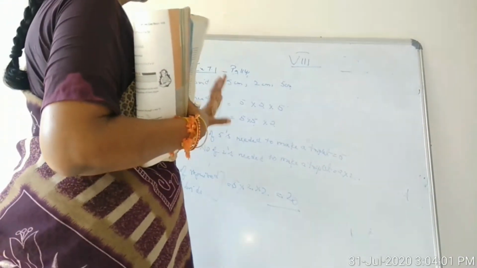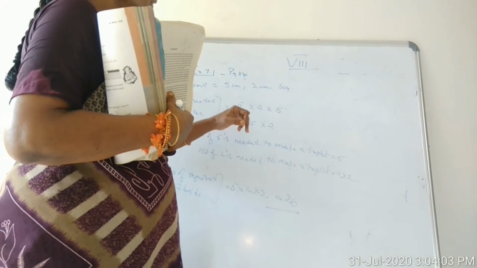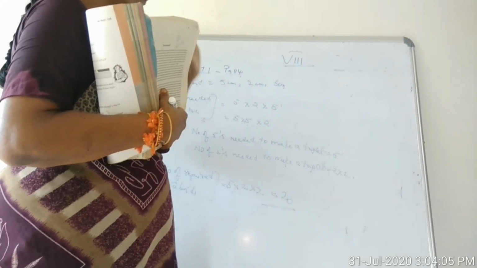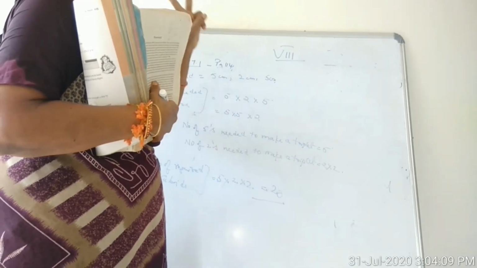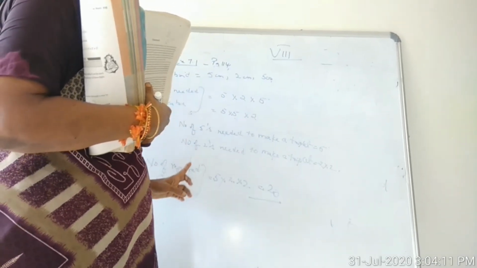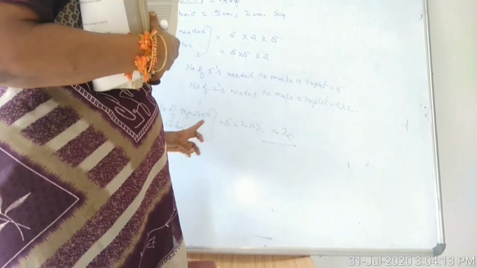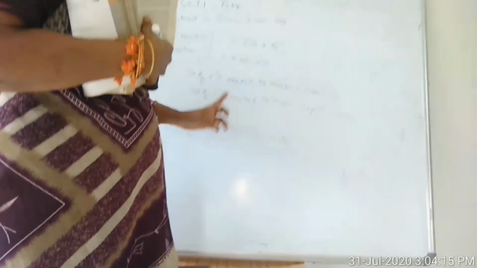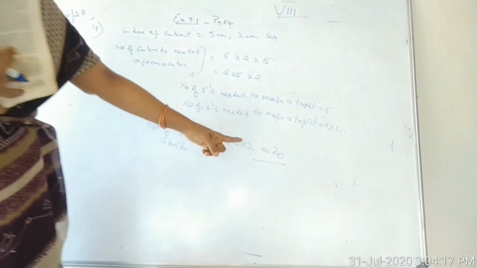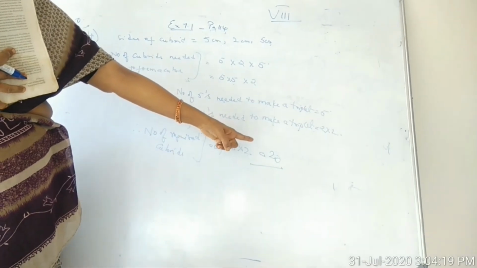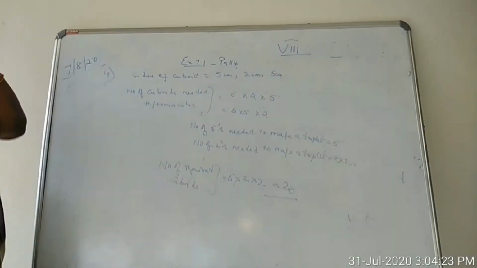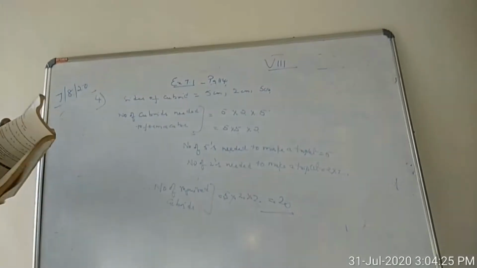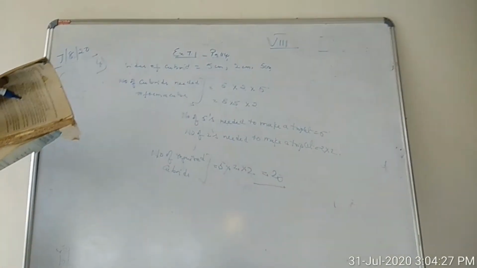Cube means all the three are equal. To make a triplet of 5, how many 5s you require? 1 five. How many 2s you require? 2 twos. So, number of required cuboids is 5 into 2 into 2, that is equal to 20. Yes, children.